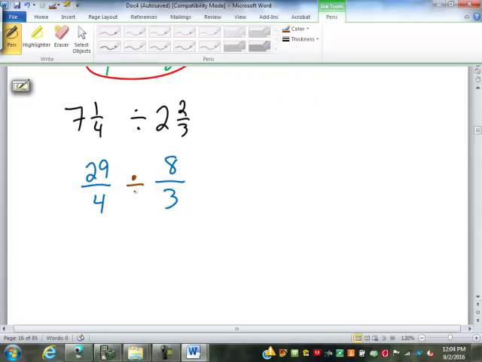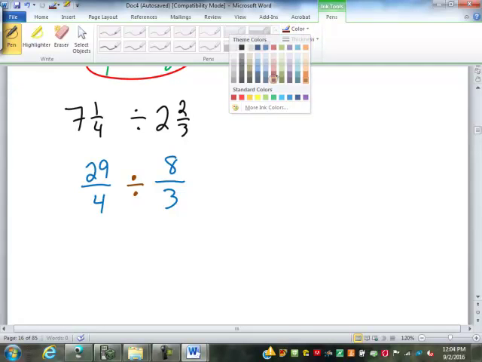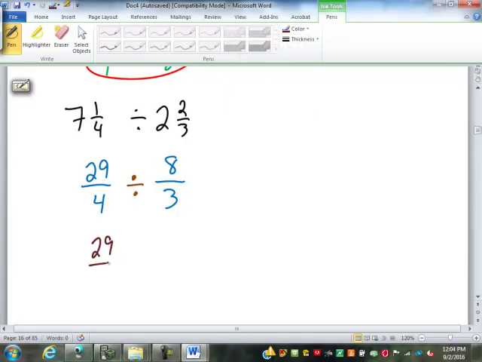Can I cross cancel the 4 and the 8? No, because right now this is still division. Okay. The next step, the 29/4 doesn't change. The 8/3, we're going to make it a reciprocal of 3/8. Now this is multiplied. Here we could cross cancel, but there's nothing to cross cancel in this case.